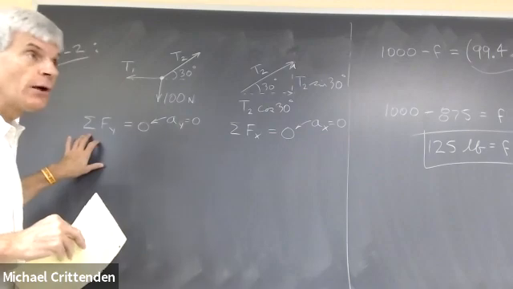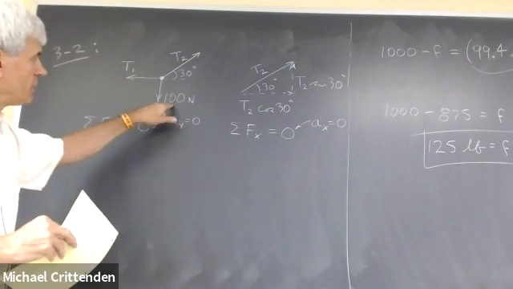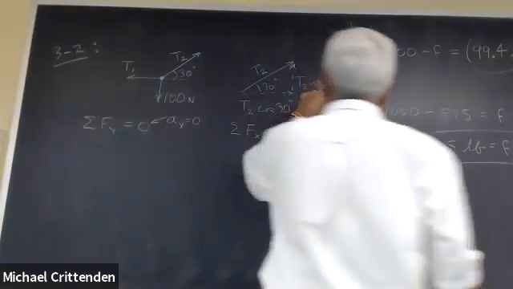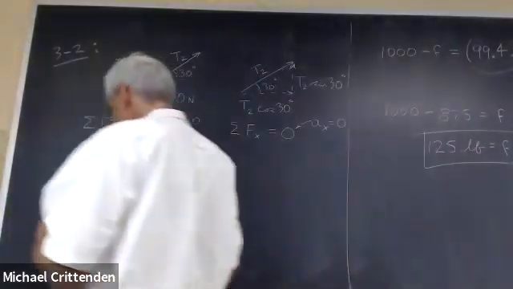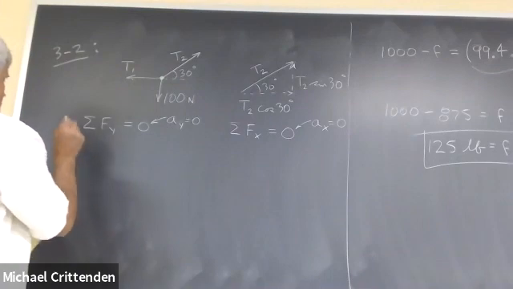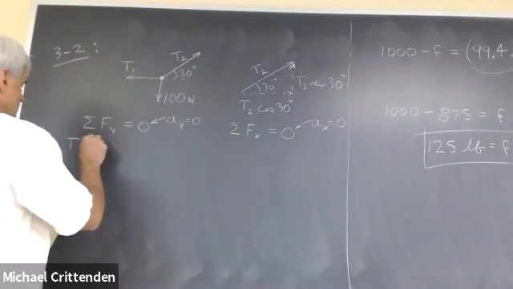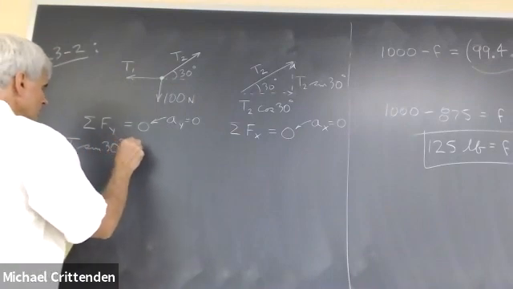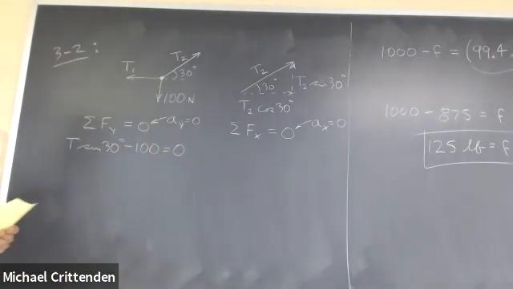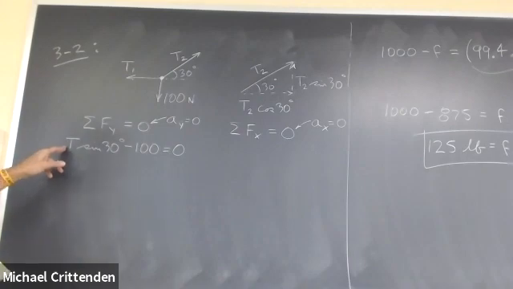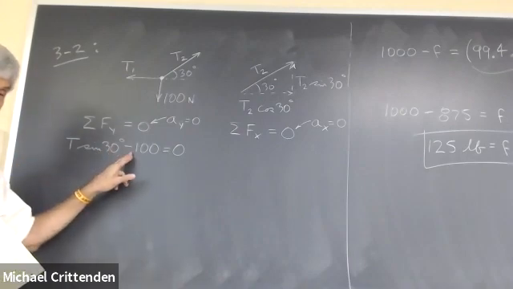And there are two vertical arrows. There's the 100 pulling down, there's the T sine 30 pulling up. Up is positive, down is negative.